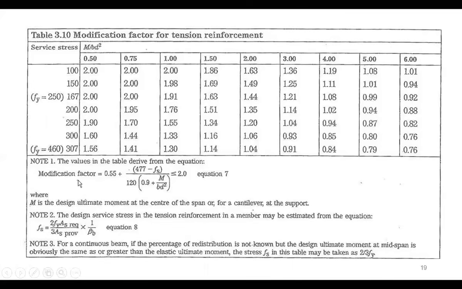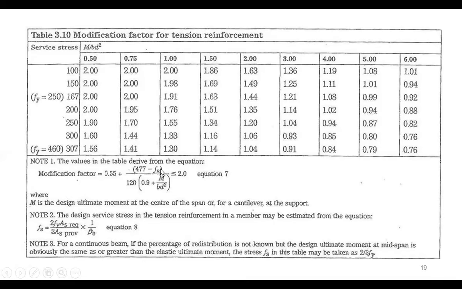In this table, you have a modification factor equal to 0.55 plus (477 minus Fs) divided by 120 times (0.9 plus M over bd²), and this should be less than or equal to 2. Okay, we have some values here we need to know. What is the Fs? This is the stress in the tension steel, the stress in the bottom tension steel.